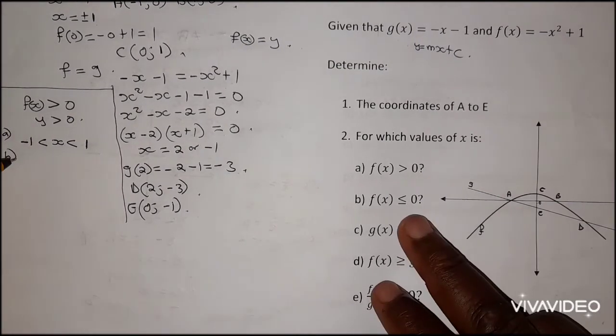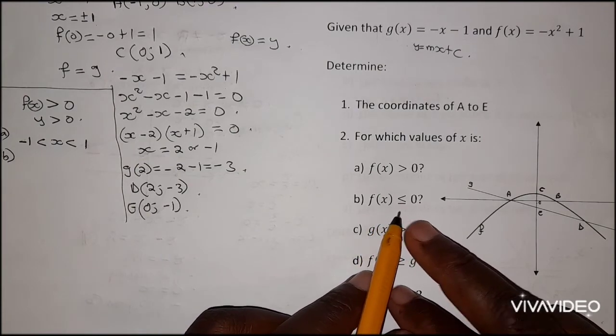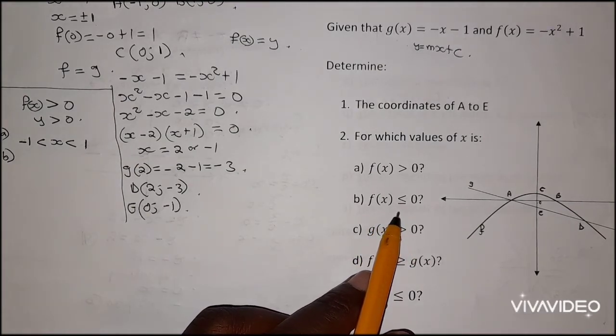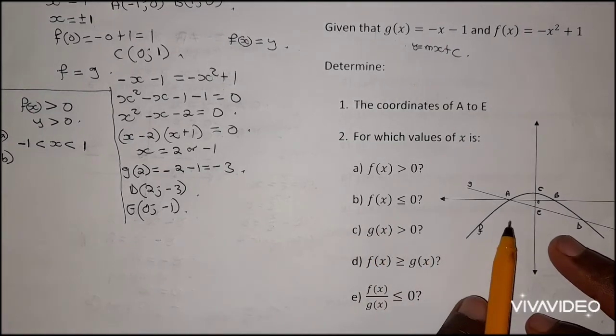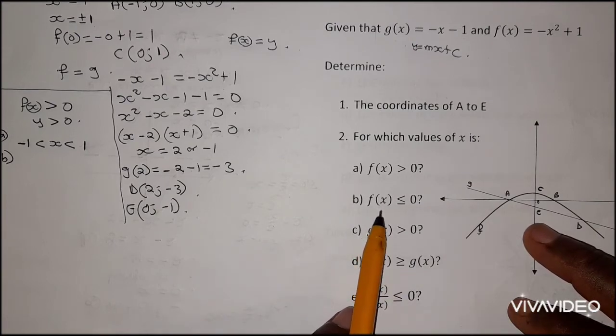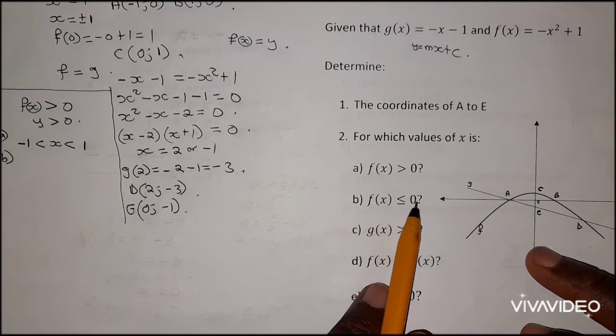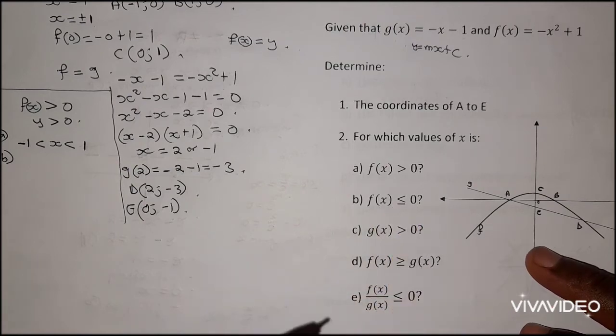Part b is saying the values of x for which f of x is less than or equal to 0. For this one, we want the part where f of x is under the x-axis. When we say f of x is less than 0, we are saying that part which is under the x-axis, right?